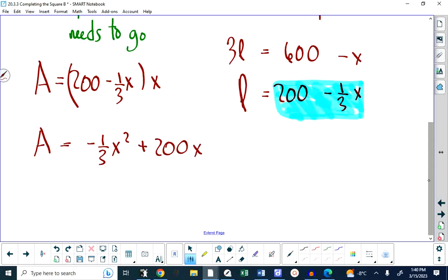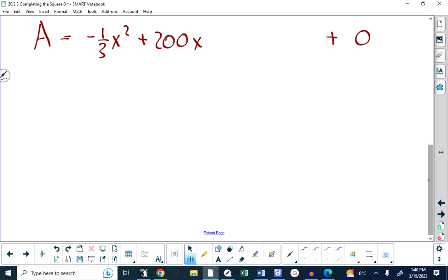Aaliyah, do you remember the question you had asked about before where it was plus 0? There was no constant term. That's just like this. It doesn't matter whether there's a constant term or not. Let's complete the square. Ooh, tricky. Take out negative 1/3, which will leave us a negative number.